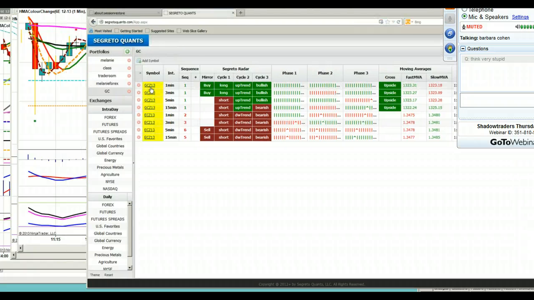Remember, when you first sign up for Segredo, you must leave off the www. For right now, Segredo is still $100, guys, but it is going up to $149. There's a very small window for those who want to keep it at $100, and the $100 rate is strictly for shadow traders.